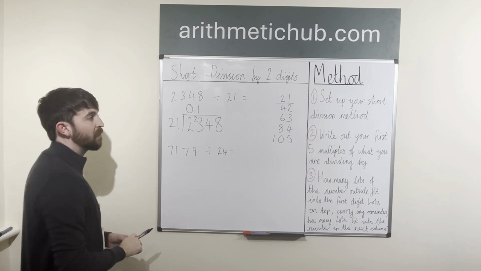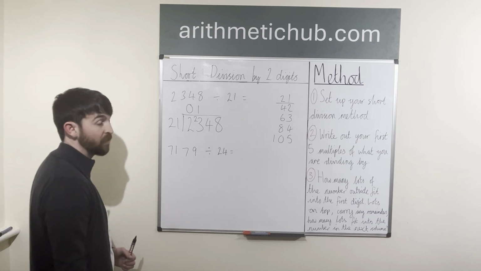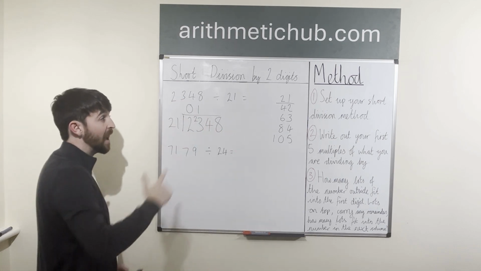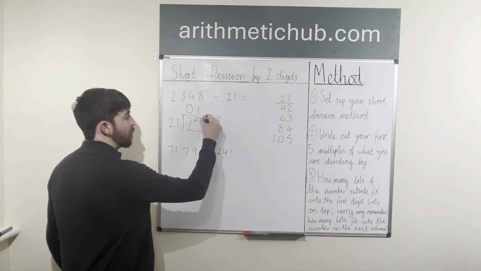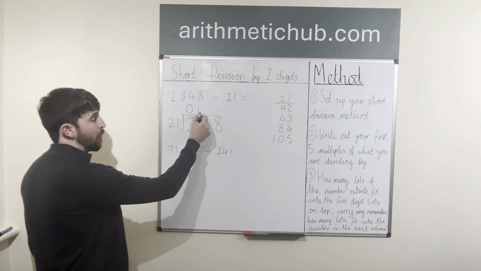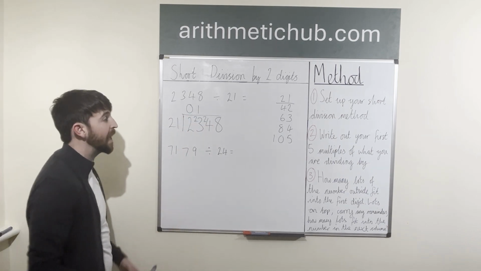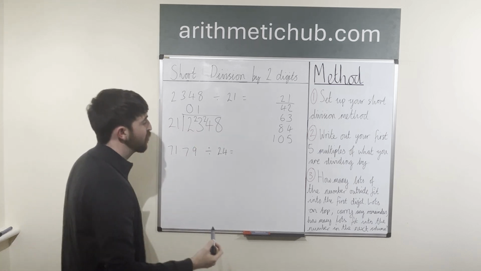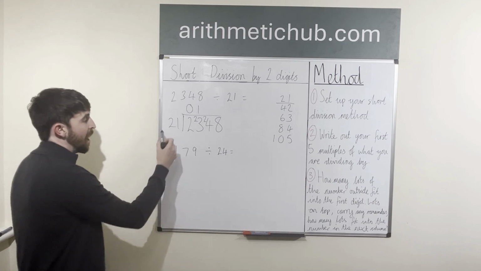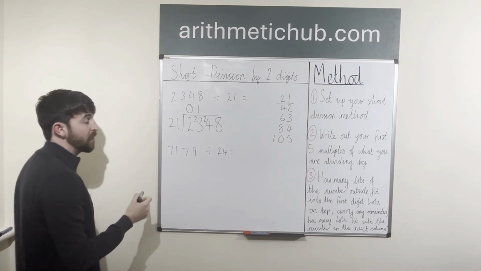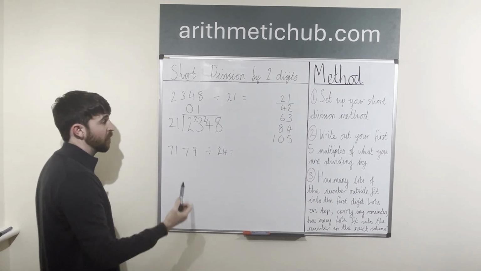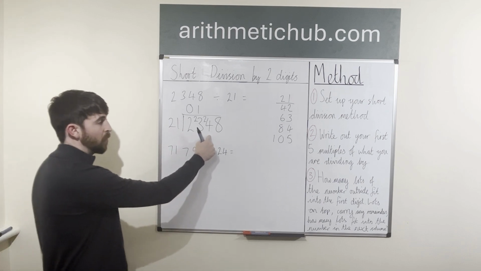Then we'd have to think, what do I have to add to 21 to get to 23? 22, 23. So I'd have to add 2 more. So I would carry 2 over. I had 1 whole lot and then 2 remaining, so I've carried the remainder 2 to make this 24. Now I ask myself again, how many lots of 21 would go into 24? Well, 1 lot of 21 will go into 24 again, because 21 is smaller than 24.